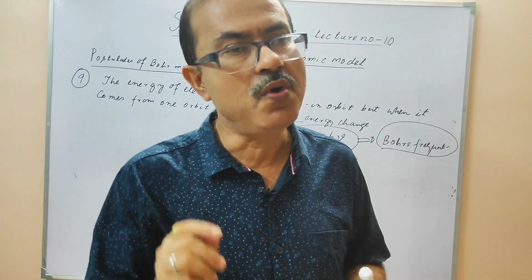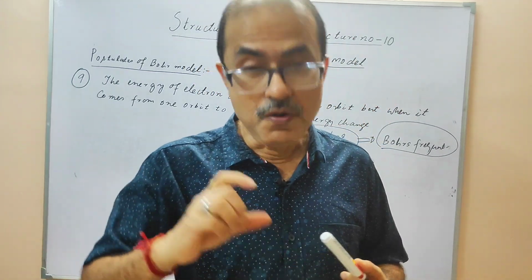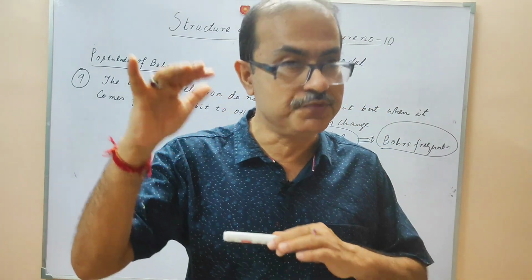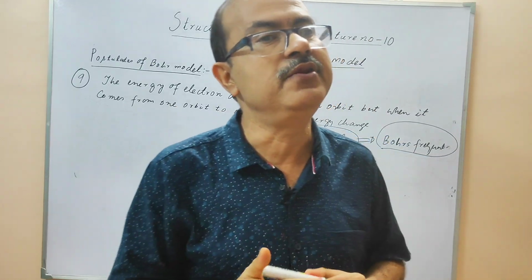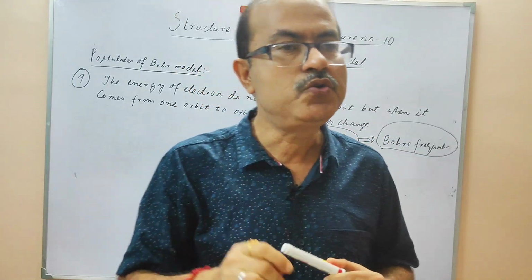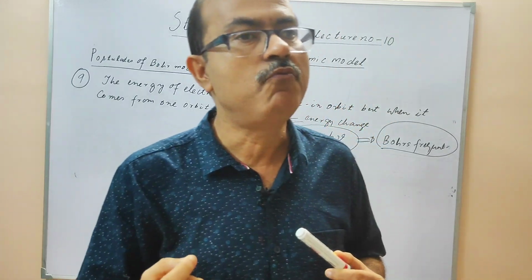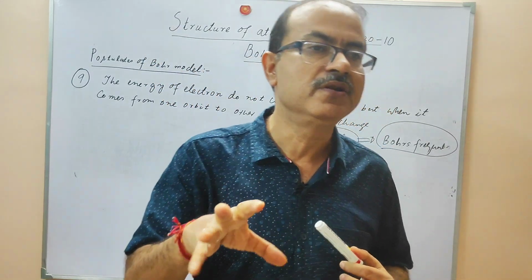Shortcomings of this model: number one, for the finer aspect of the line spectra, when the line spectra is analyzed under sophisticated spectroscopy, there is a splitting of the lines you can observe. Number two, this atomic model is applicable only for hydrogen.